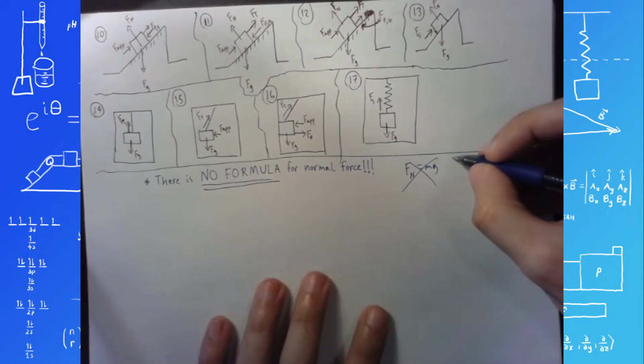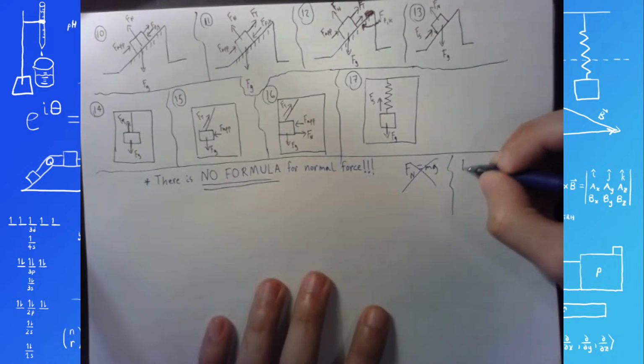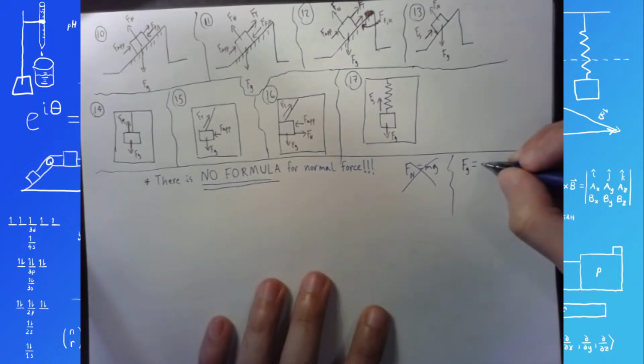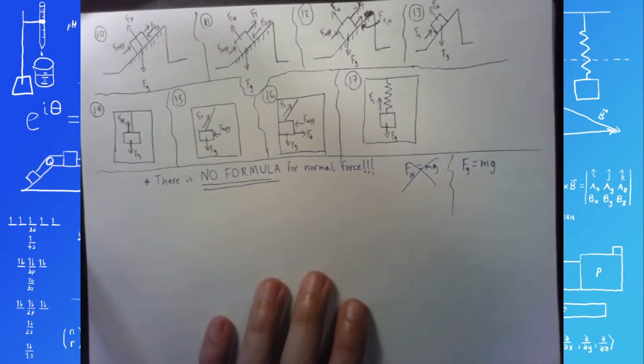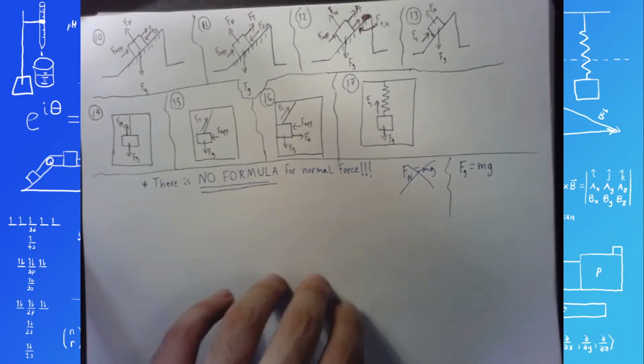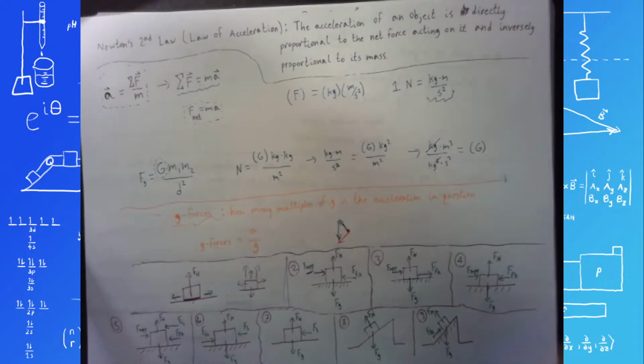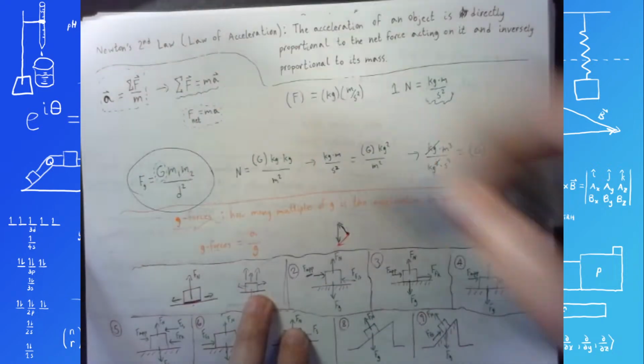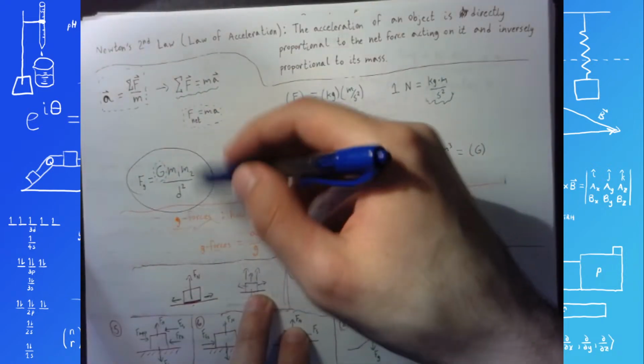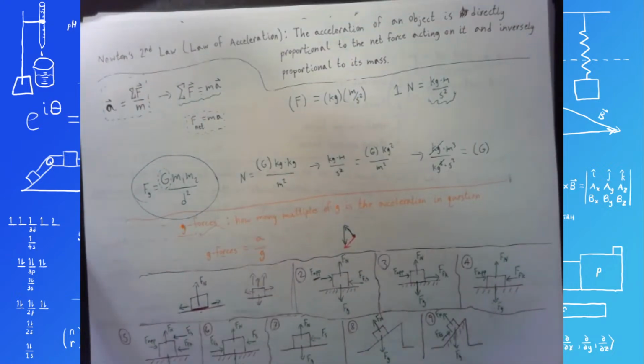So mg, I just mentioned it a little while ago, that's actually the formula for the force of gravity. The force of gravity on an object is equal to the mass of that object times the acceleration due to gravity, at least when you're close to the Earth. When you're farther away, you would use this formula, and we will ignore the existence of this formula until a later chapter.